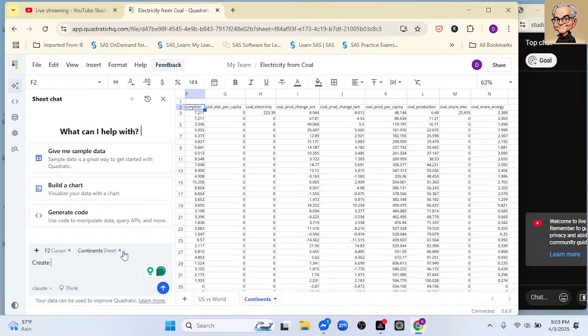Let's do this. Create the word coal, the line for each.